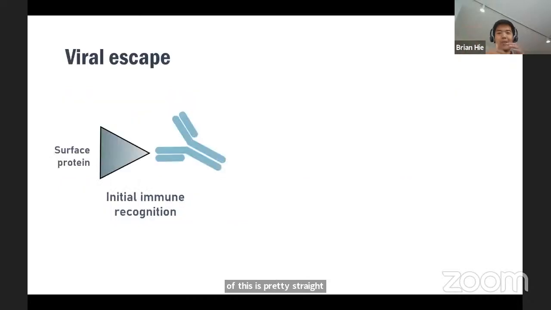straightforward, given that we're in the midst of a global pandemic. A particularly challenging problem in developing antivirals and vaccines is viral escape. Say you have initial immune recognition of a viral surface protein, and an antibody will bind and neutralize the virus, and the host will have immunity to the virus.